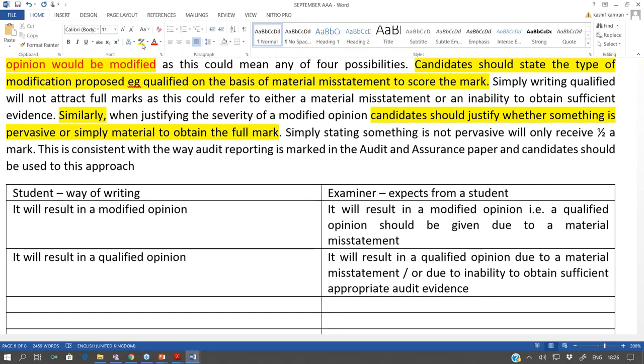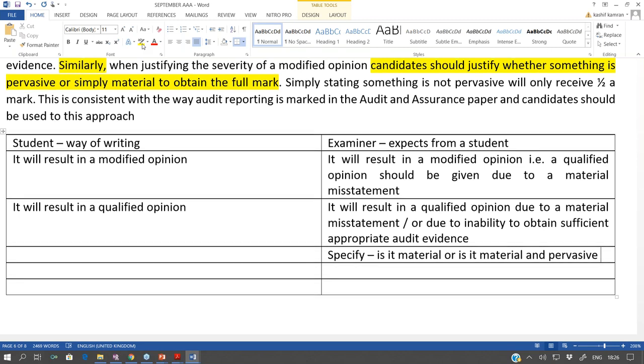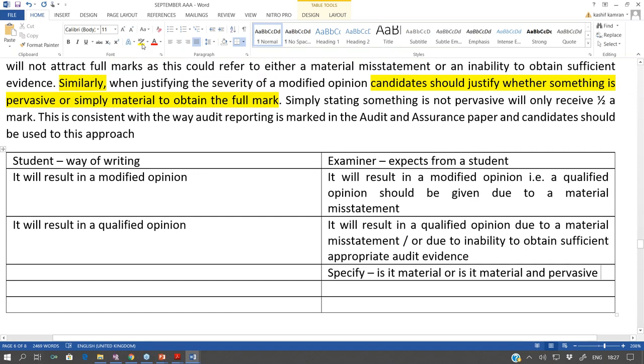The examiner wants a specification of which it is, material, or material and pervasive. Then only, the examiner is saying, you can obtain full marks.